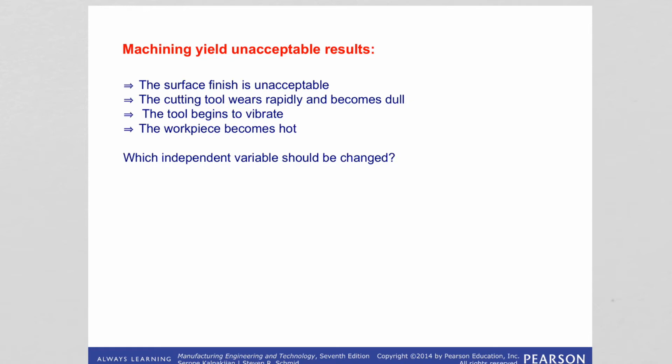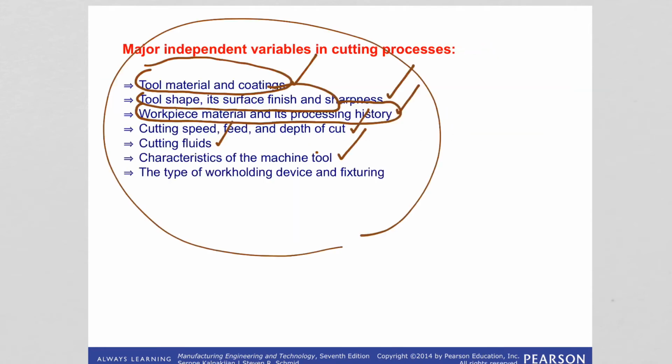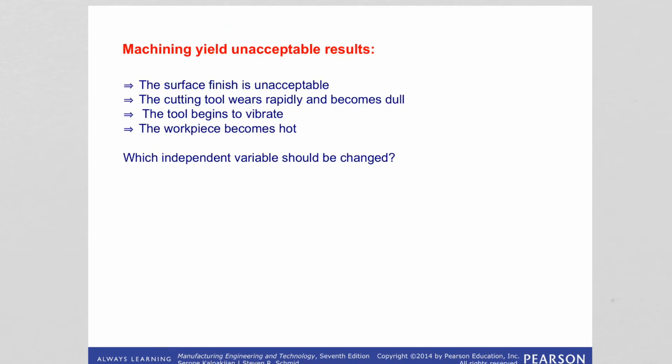And the cutting tool wears rapidly and becomes dull. So what could it be? Maybe you need to choose another type of cutting tool. Cutting tool material may be affecting your process. The tool begins to vibrate.